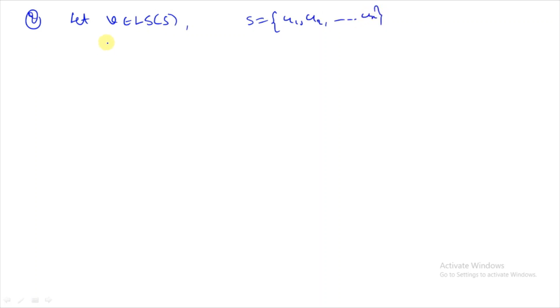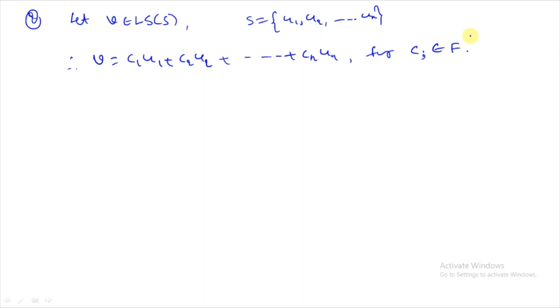The linear span means V is a linear combination of the S vectors. Therefore we can write V equal to C1 U1 plus C2 U2 plus and so on Cn Un, for any scalars Ci belonging to F.